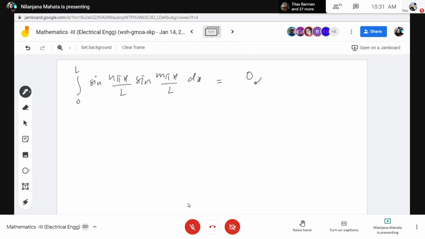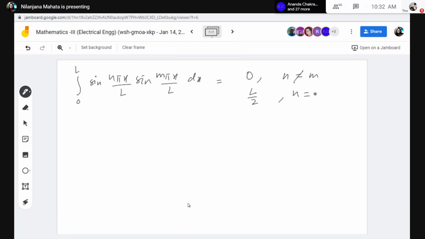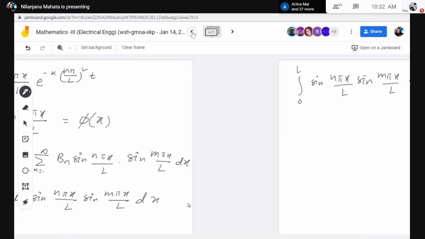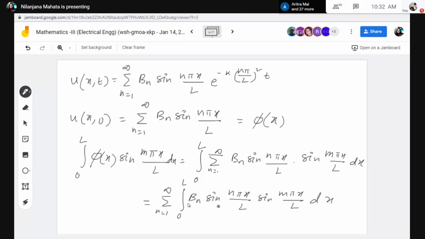You can in fact calculate the integration; it is L by 2 when n is equal to m. So I will use this value.